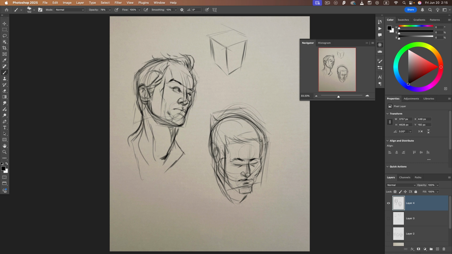You have to remember, this is supposed to be a guide for you, to see things in space. That's all. It's not meant to be the end all, alpha and omega, of how to draw the head. Okay. Just a guide. All right.